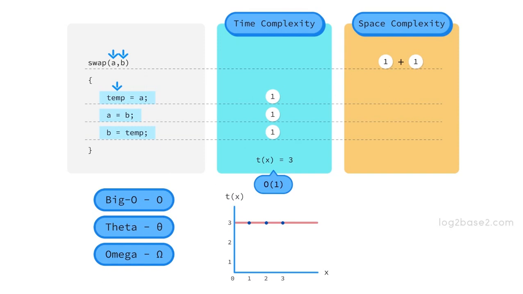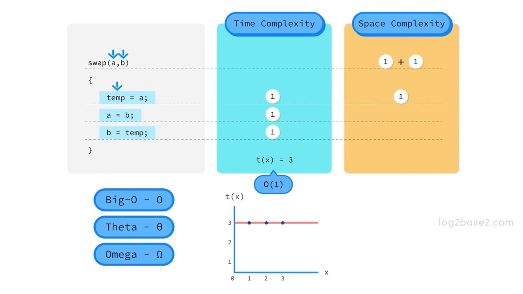And it will also take 1 unit of memory. And the next statement a = b, and we have already counted a and b, so there is no issue. And next we have b = temp. Again, both b and temp are already considered.